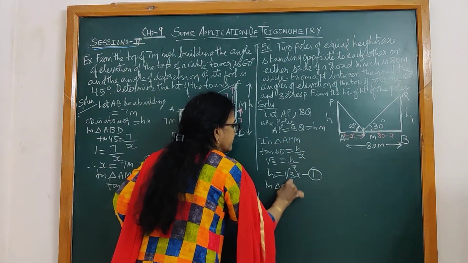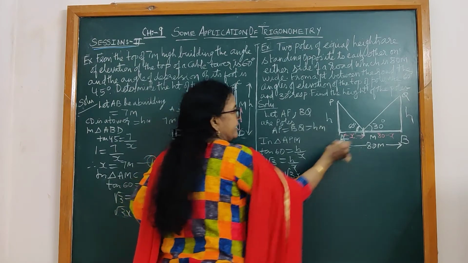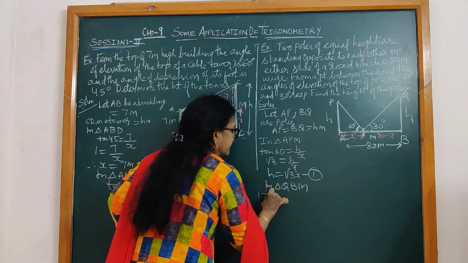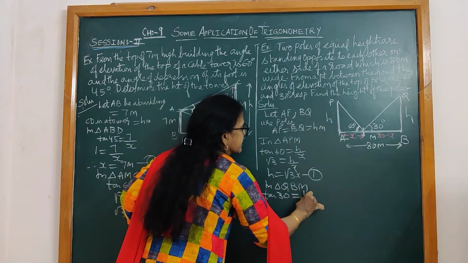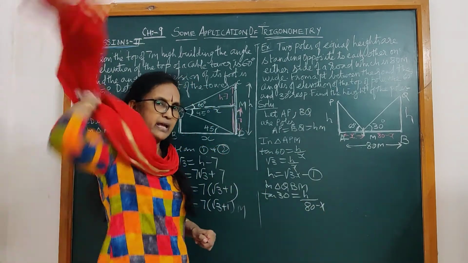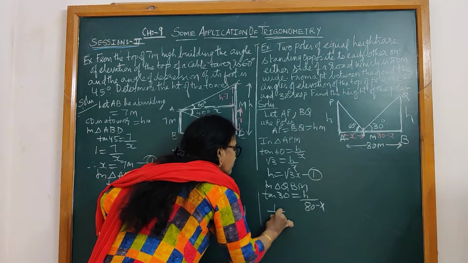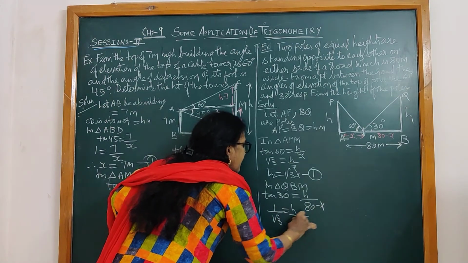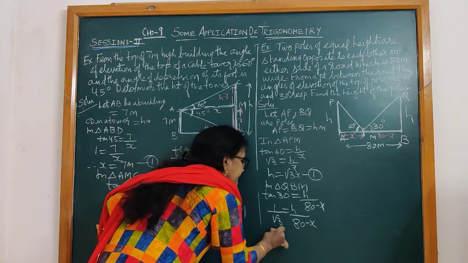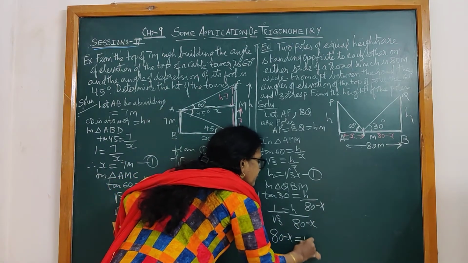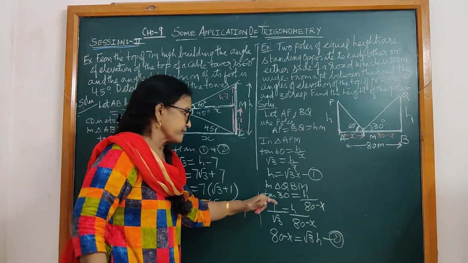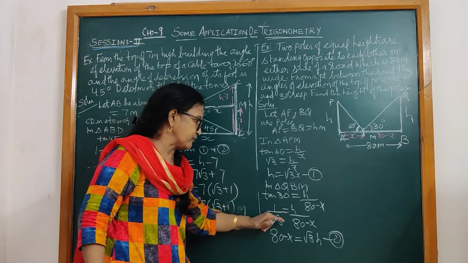In triangle QBM, tan 30 is again opposite upon adjacent, so tan 30 is equal to h upon 80 minus x. So 1 upon root 3 is equal to h upon 80 minus x. Cross multiply, 80 minus x is equal to root 3 h. This is your 2.